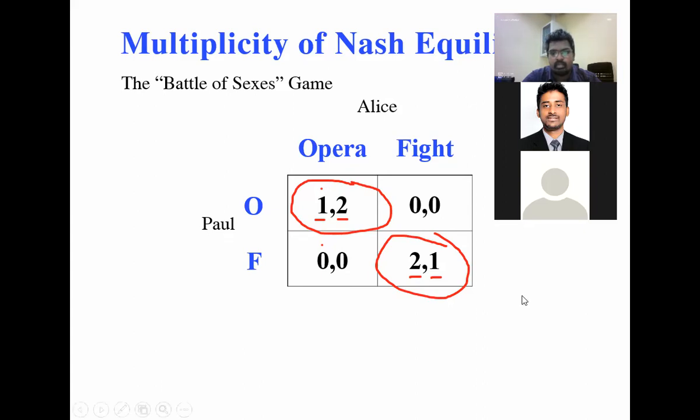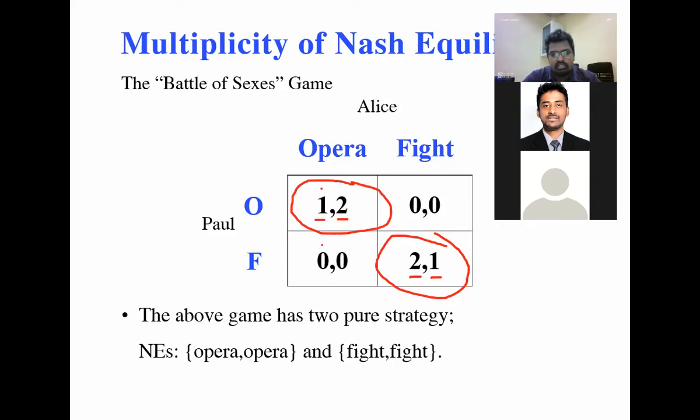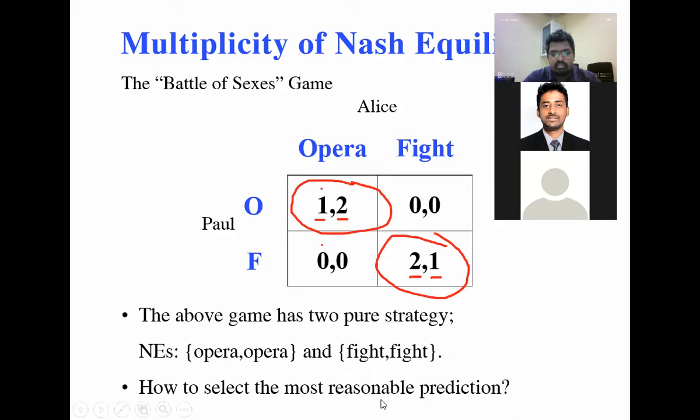Okay. So we have almost discussed it. Now, out of this, if you are asked to go for the most reasonable prediction, having two Nash equilibria, then where do they finally have to go for their fun?